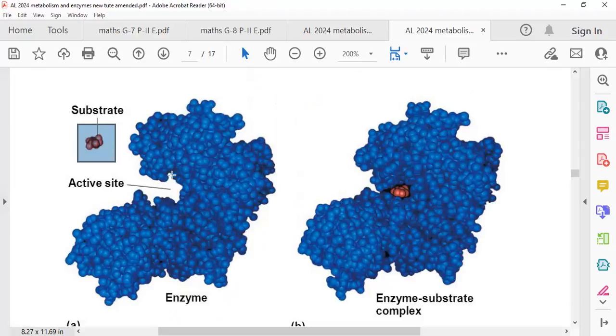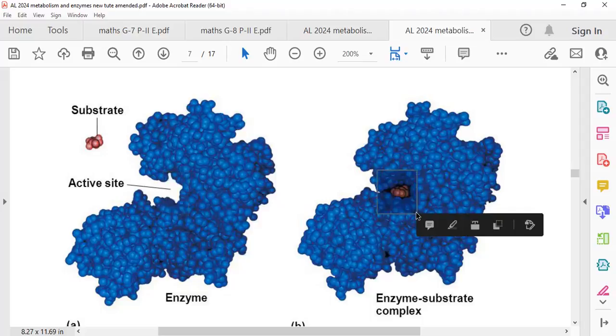When this substrate comes and joins here, according to your view, are the substrate and active site 100% matching like a lock and key? No. When the substrate joins, somewhat matching will be there. Additional matching will be done by the enzyme by altering the shape of the active site a little. Understood?